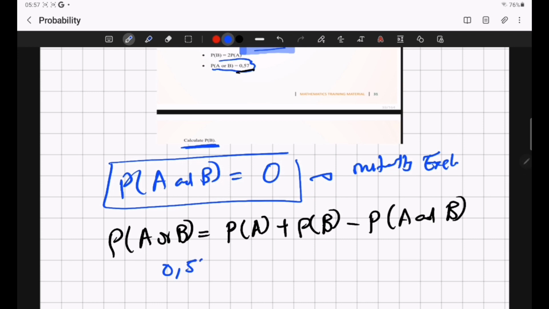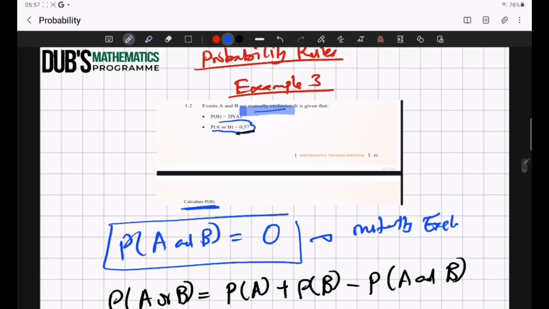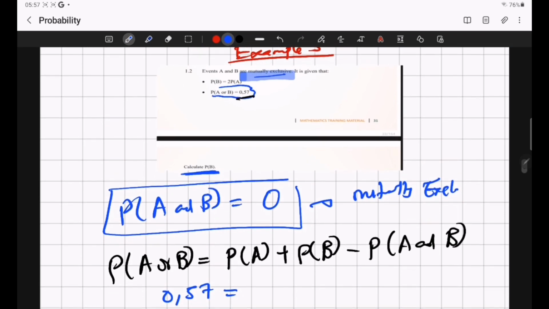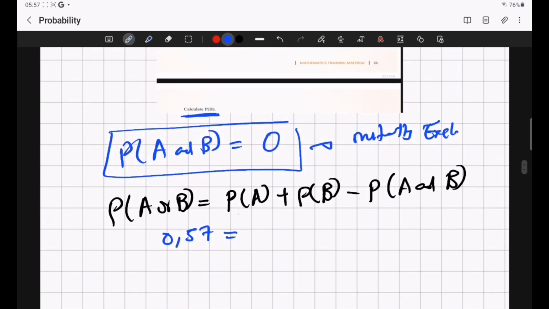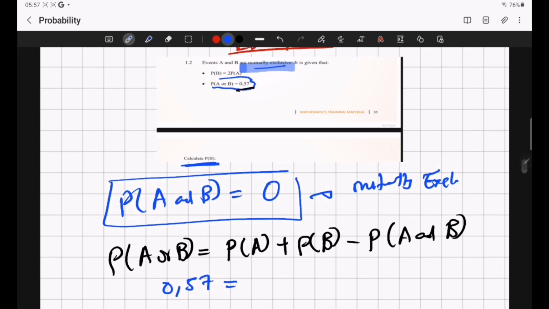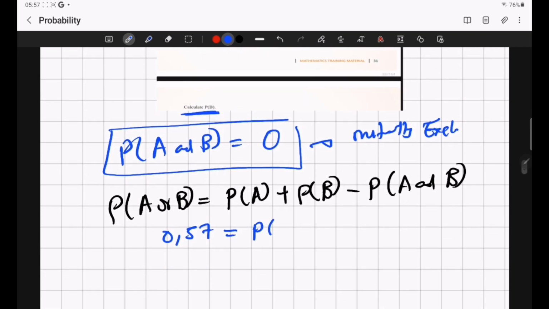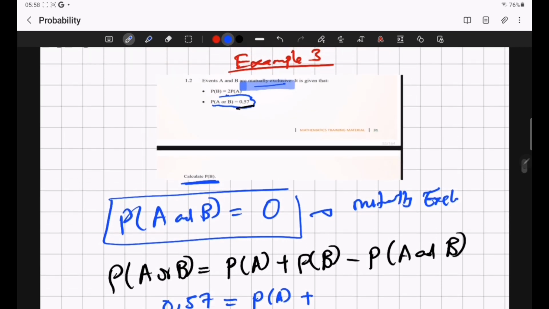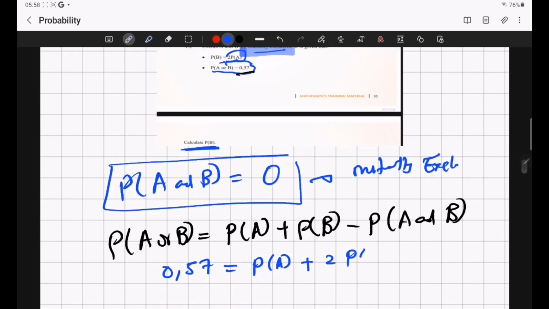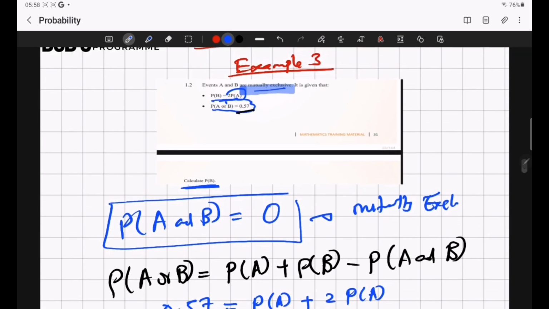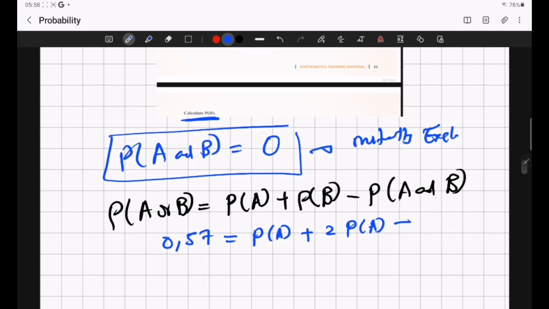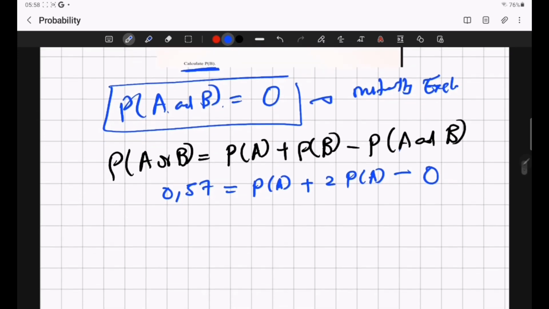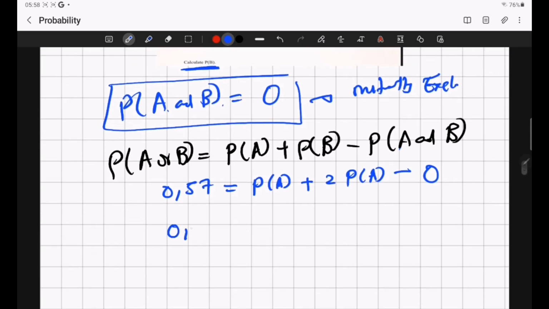Probability of A, we're not given, so I'll write it as just probability of A. They said probability of B is 2 times probability of A, so you can put 2 times probability of A here because you are given that. Then minus probability of A and B, it is 0 because these two are mutually exclusive. We're given that actually. So now you can solve for probability of A.